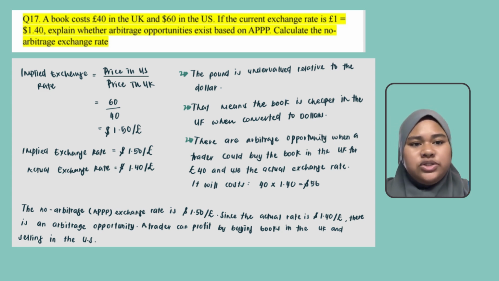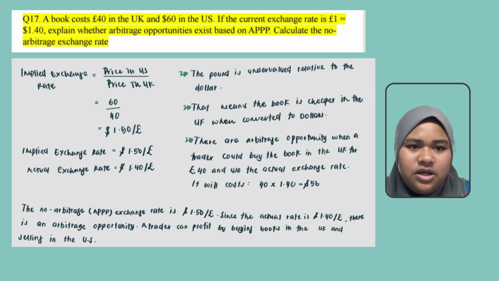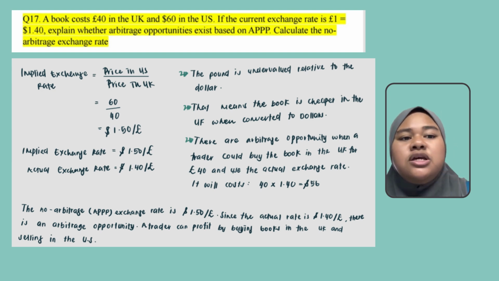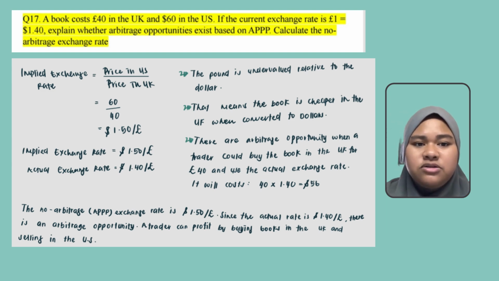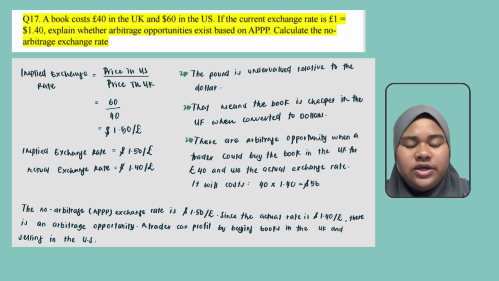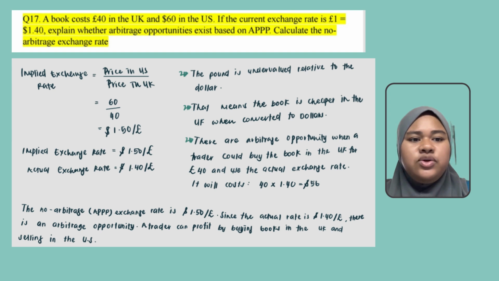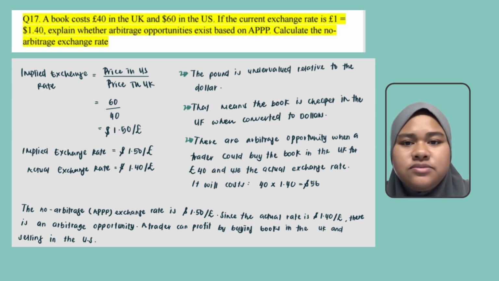The first step, we need to calculate the theoretical no-arbitrage exchange rate under APPP. According to APPP, the exchange rate should reflect the price ratio of the same good in both countries. So we divide the US price by the UK price, 60 over 40, and we get $1.5 per pound. So the implied exchange rate is one pound equal to $1.50.